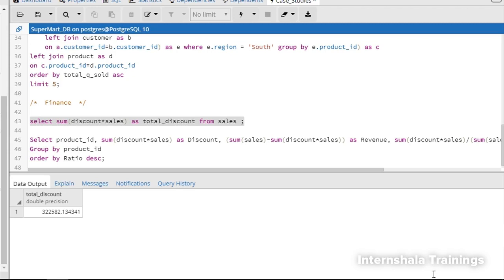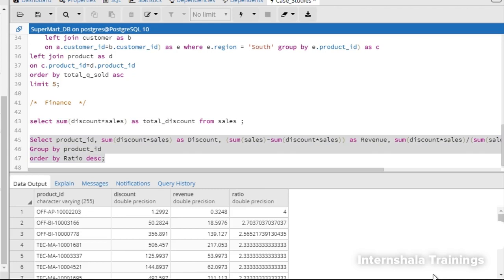When I select and run the second query, we find out the sales of each product in the revenue column. We find out the discount given for each product in the discount column and the ratio of these two. I have ordered it in the descending order of this ratio, which means that for the first product, we have given 4 times the discount than the revenue it has generated.